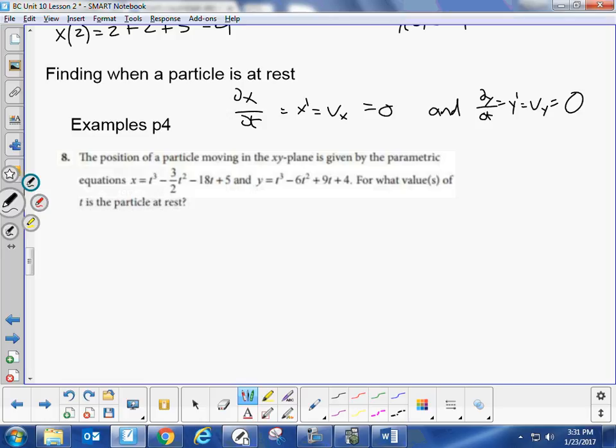Okay, so page 4, number 8. When is the particle at rest?